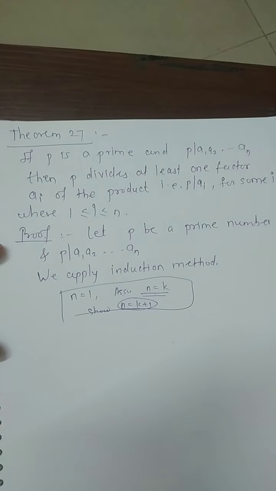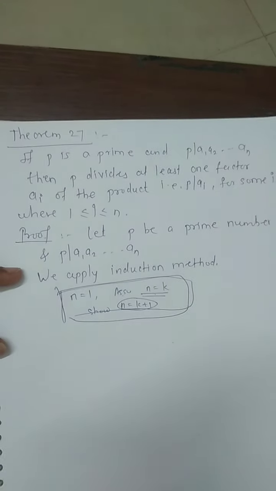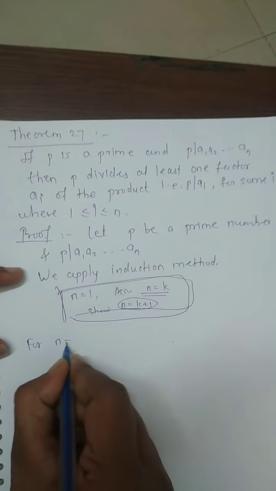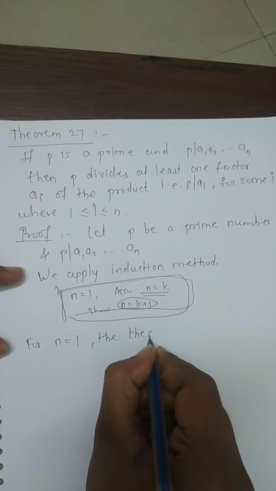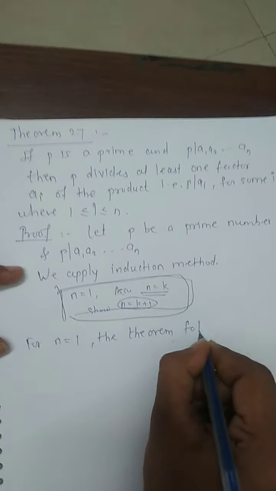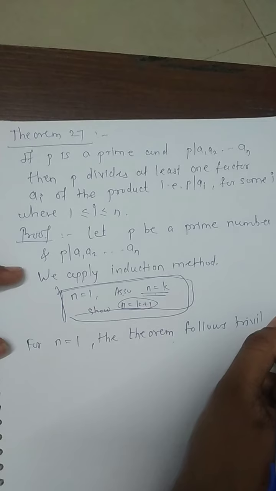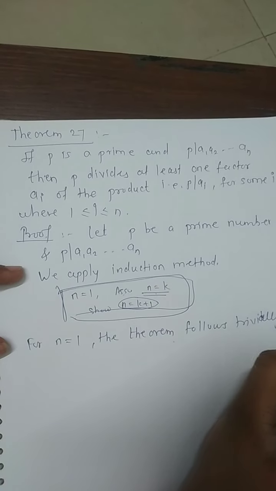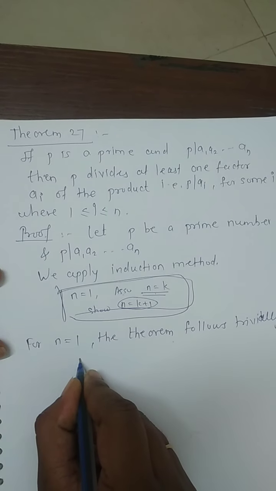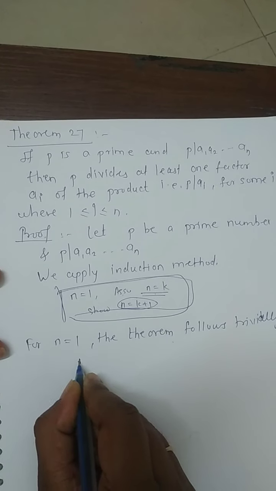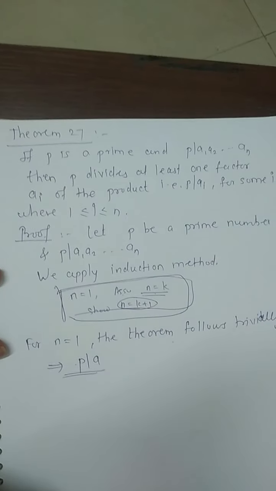So by induction, for n is equal to 1, the theorem follows trivially. Understood? If we take n is equal to 1, P divides A1. Of course P divides A1. This is true.